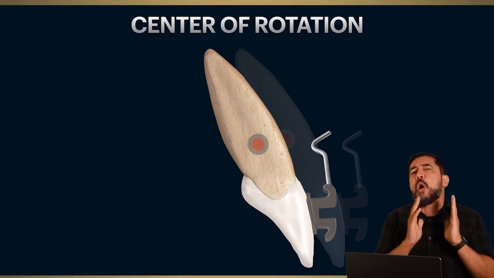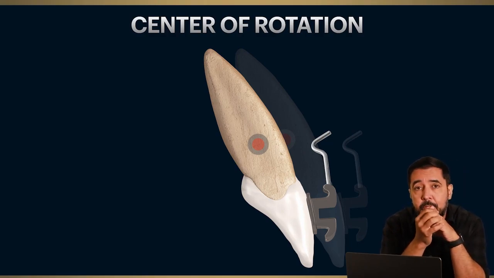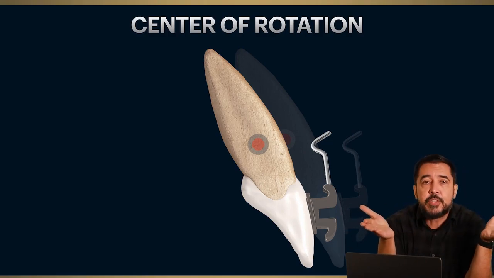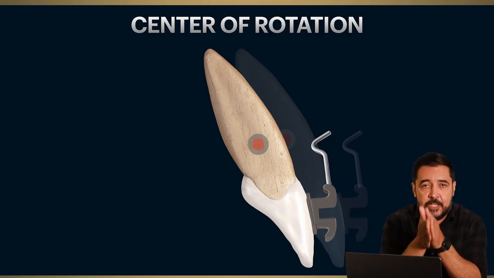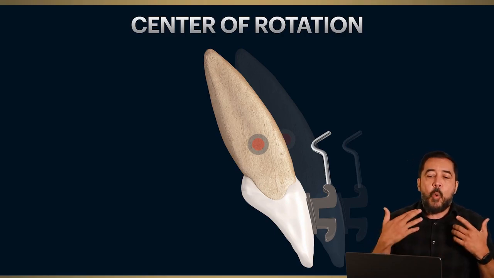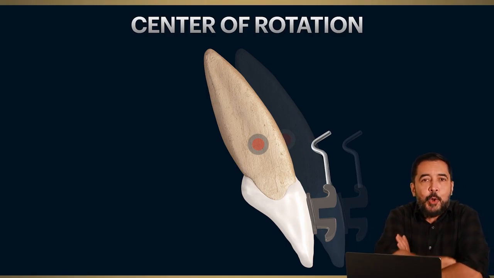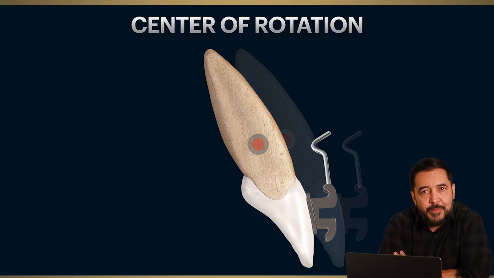How can we draw a line and have the intersection between them? We don't. That's what we call the center of rotation located in the infinite. Okay? Because we don't have the crossing of those 2 lines. So in this case, we just consider that we have the center of rotation positioned at the infinite. Okay? This is how we call in orthodontics this translatory movement.